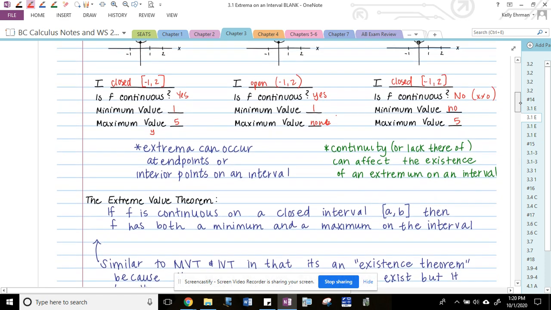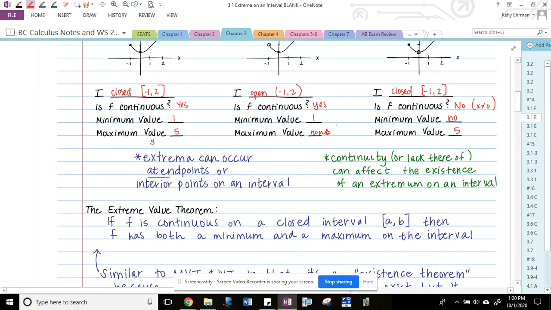Here's a big thing to know. Extrema can occur at endpoints, or they could be at interior points on the interval, like we just had at this little relative minimum right here. The interior points on the interval would be relative extrema, which we're going to talk more about in a little bit, but relative max or min.